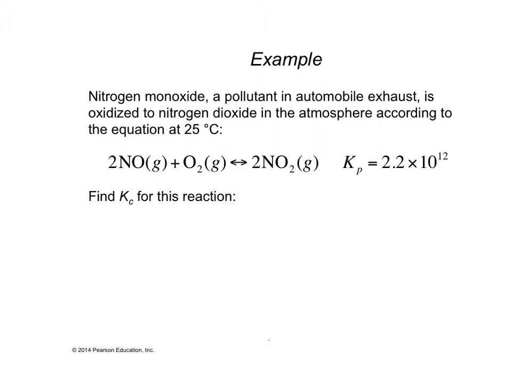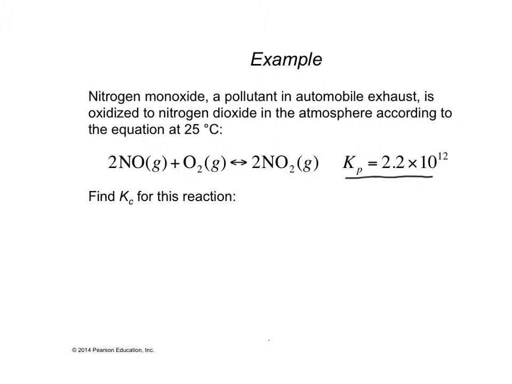Okay, so how would you guys actually go about using this? So let's say you have a reaction. So we have 2 NOs combining with an oxygen to form 2 NO2s, and they have given us the value of Kp for this reaction, and they want you to determine the value of Kc, okay?